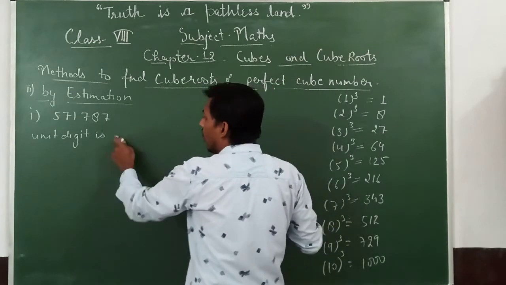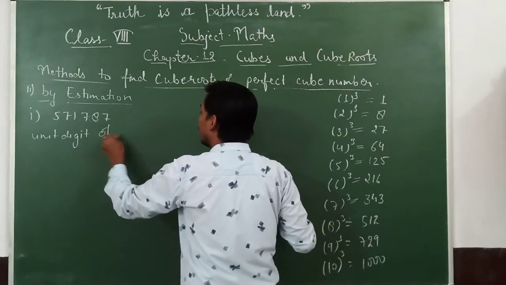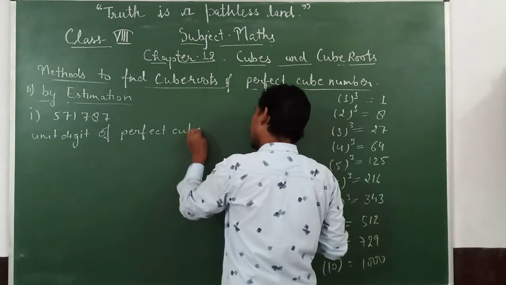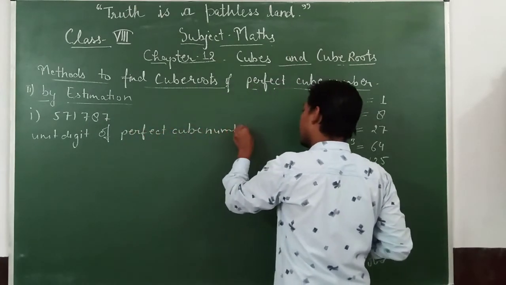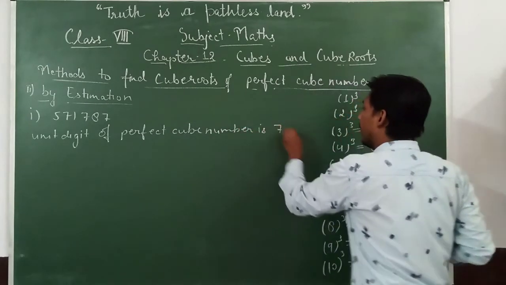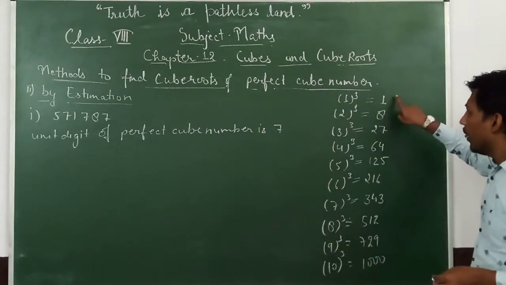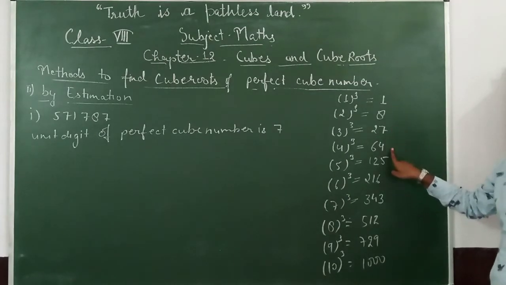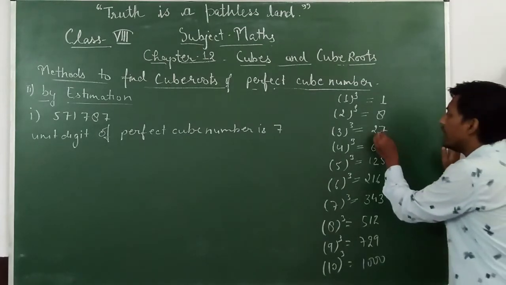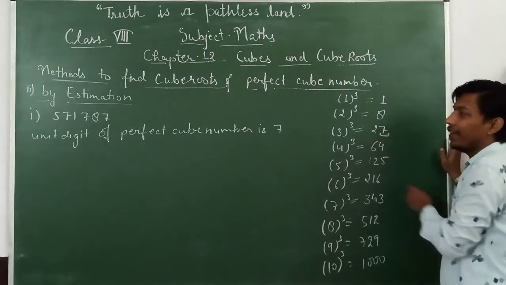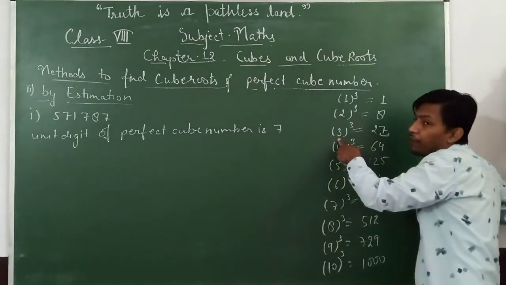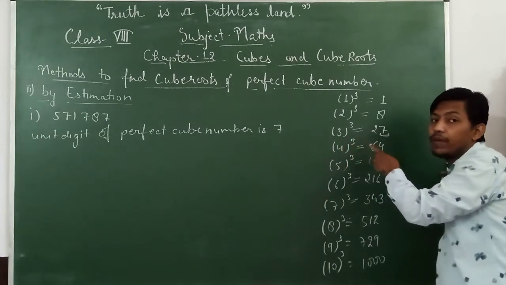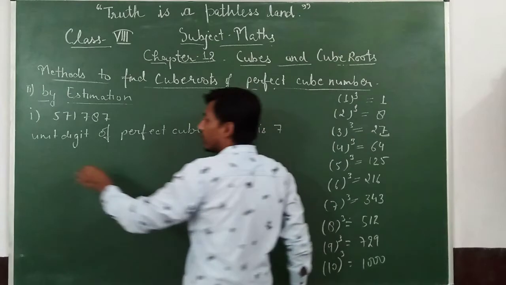The unit digit of the perfect cube number is 7. Now come to the table. Which perfect cube has 7 as its unit digit? 27 has unit digit 7. It comes when we find the cube of 3. So the unit digit of the cube root will be 3.